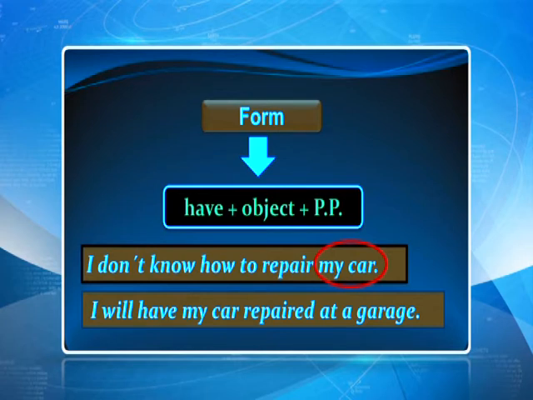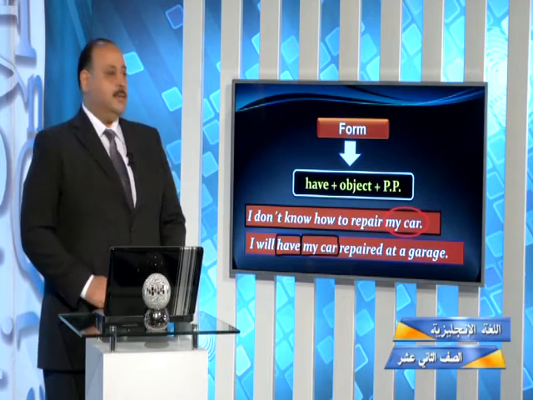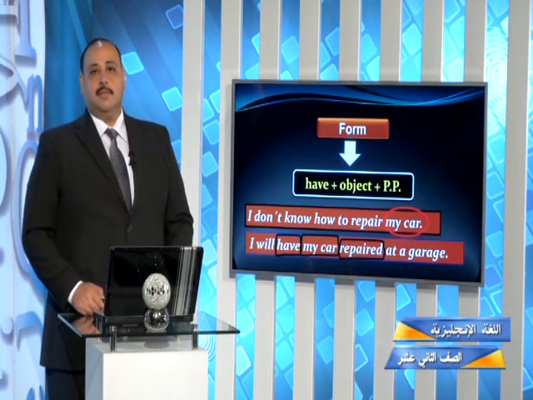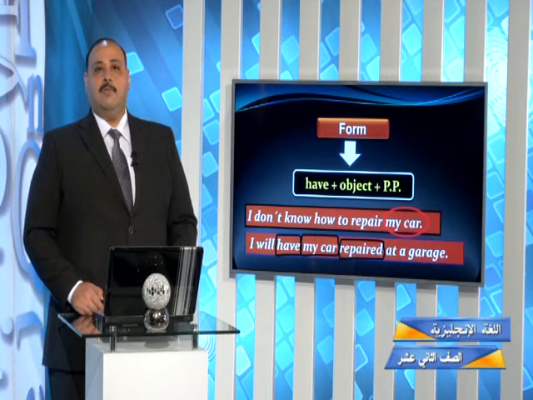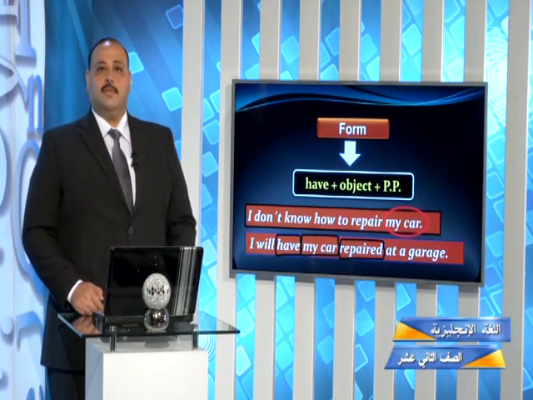The first thing is have, and then it is followed by the object, which is my car, and then the past participle of the verb repair, which is repaired. Now, these are the three main parts: have plus object plus past participle. Let's have another example to know how have would change according to the tense of the sentence. Let's move to the next one.